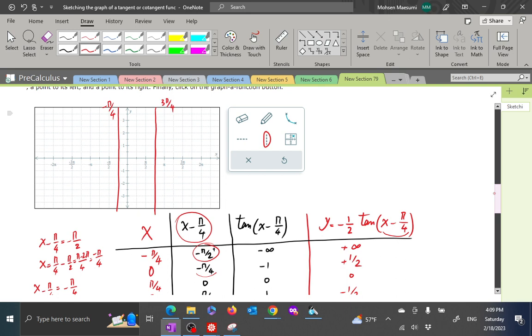Let's remember each of these blocks is pi over 4. Four of them make a pi, and that's going to be our period. At 0 we are at 0, and at pi over 4 we are at 1/2.